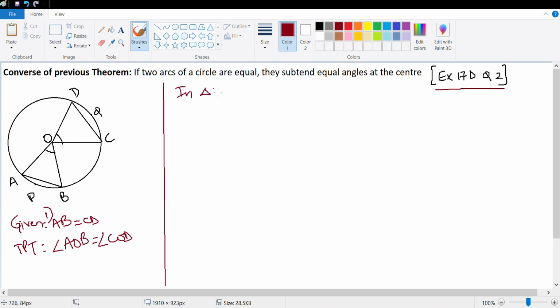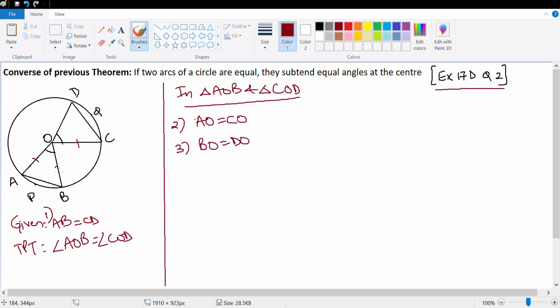In triangle AOB and triangle COD, do we have anything equal? Yes, we have AO is equal to CO. Next, BO is equal to DO. In fact, all these parts are equal because these are radii of the same circle.